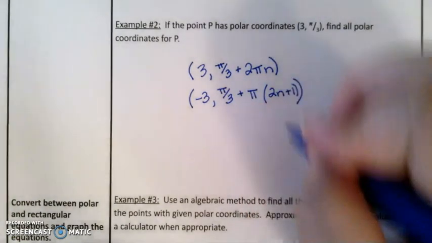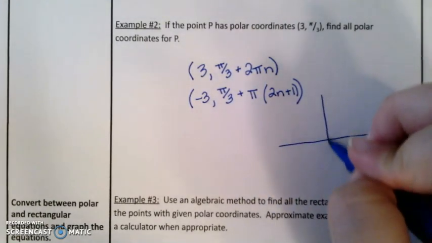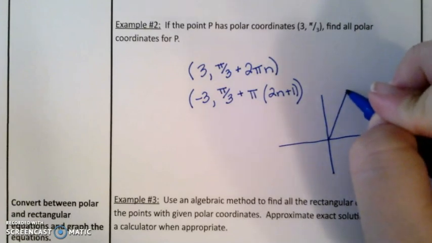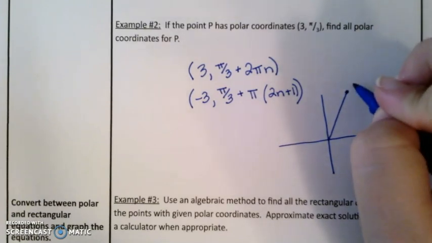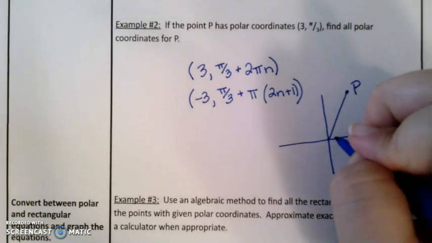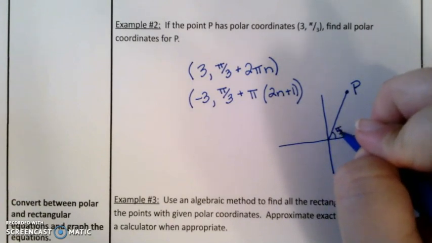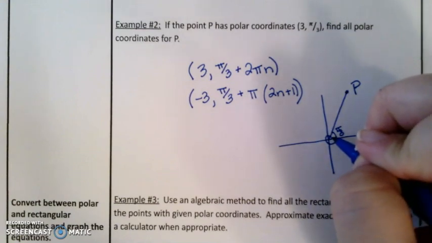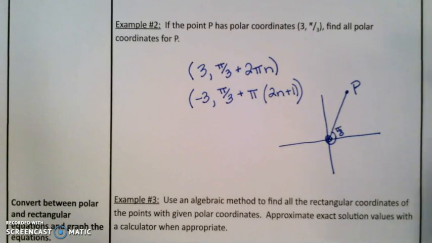So what this means is, here's pi over 3 with a radius of 3, right? So here's point P, and this angle is pi over 3. But I could go all the way around and then to that angle, or I could go around twice and then to that angle, okay?